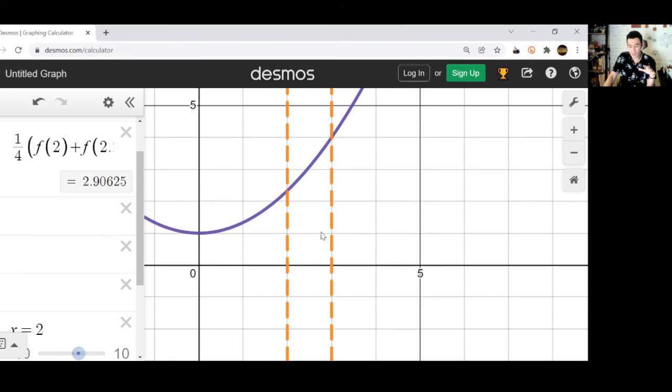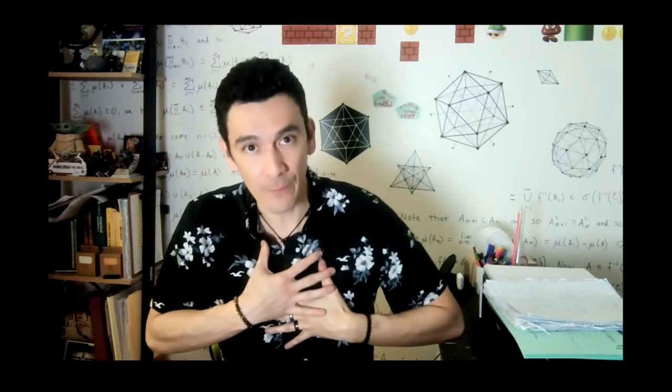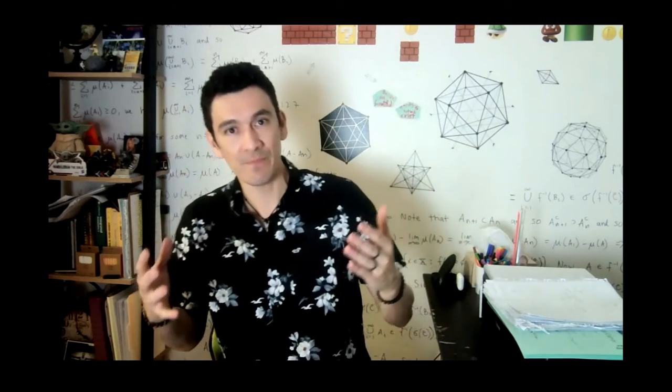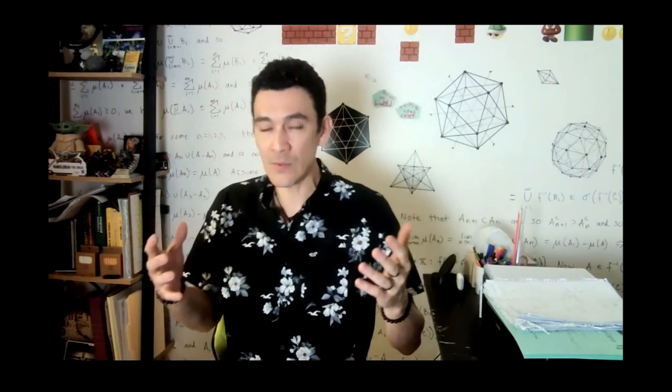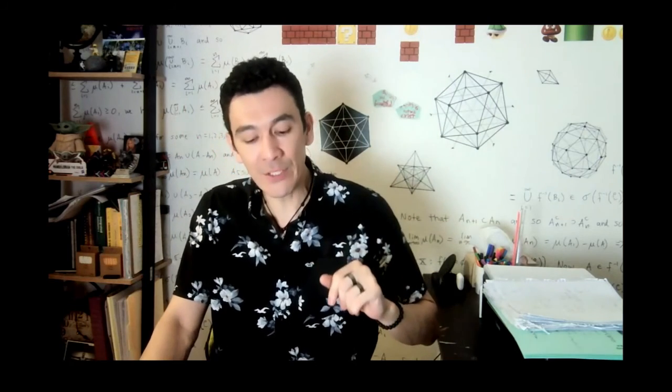So I have 1 square unit, 2 square units, and a little bit more, almost another square, almost 3. This is almost 3 square units, which is why the approximation is about 2.9. So we're filling this region with shapes that you and I know, rectangles, and then you find the areas of these rectangles and you get a value. But it's not perfect.